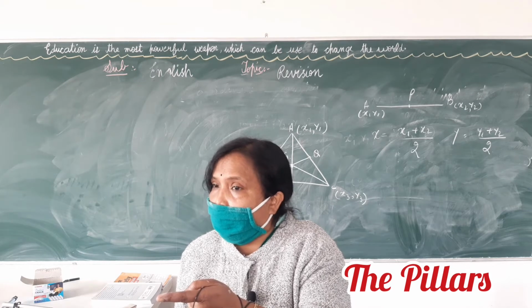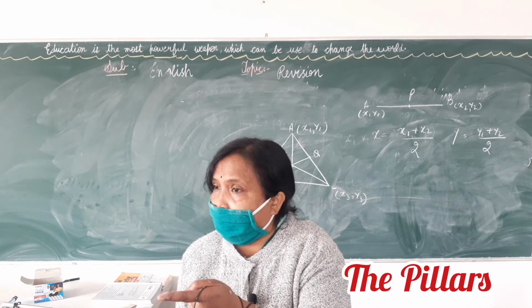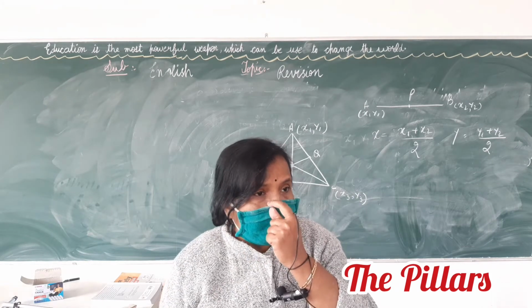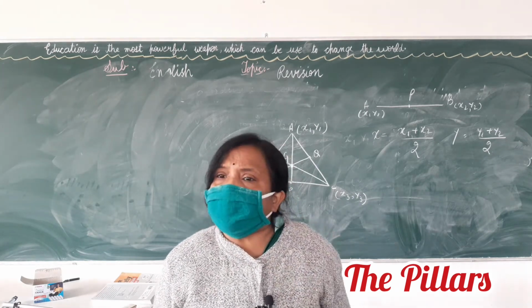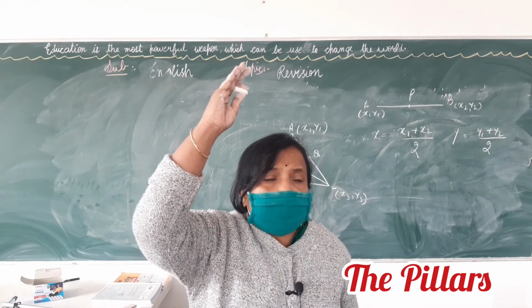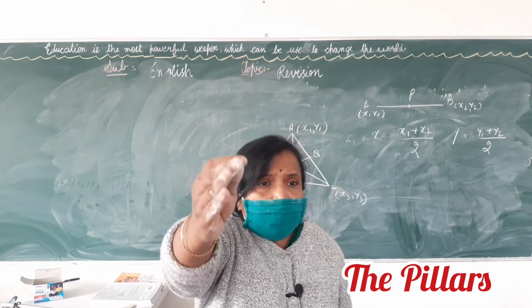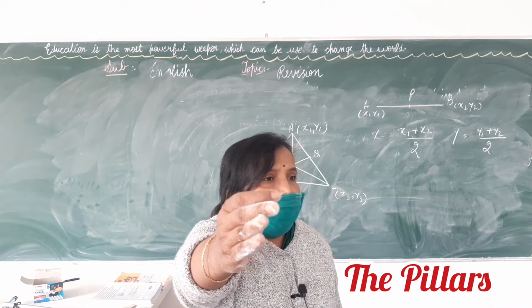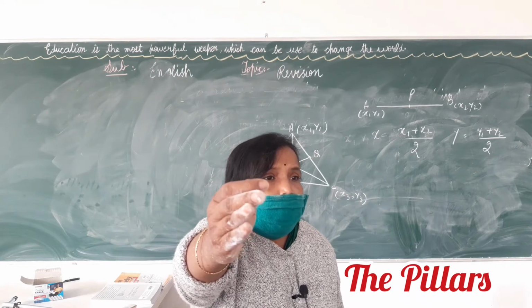Centroid is a point where the 3 medians of a triangle meet. And what is the meaning of median? Line segment joining the vertex and the midpoint of the opposite side.